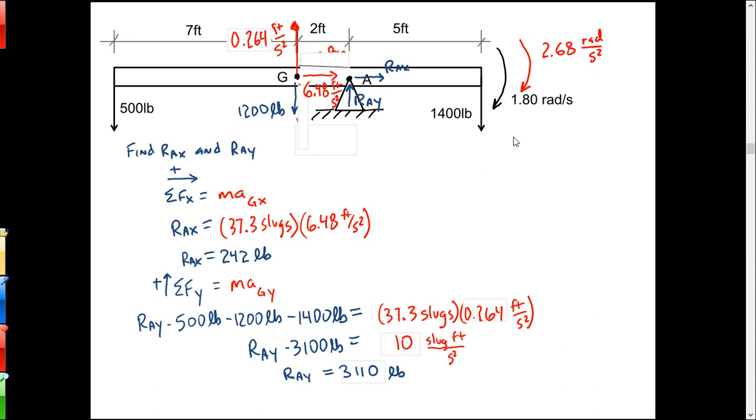So if you're doing this kind of dynamic reaction problem, your first job is to figure out what's the center of gravity doing? How is it accelerating? That's really what you want to accomplish first.